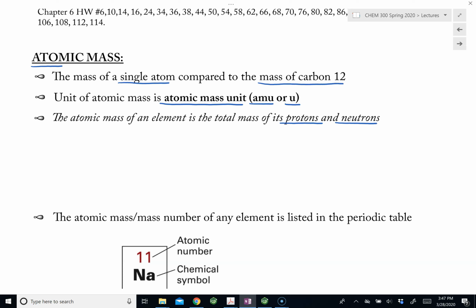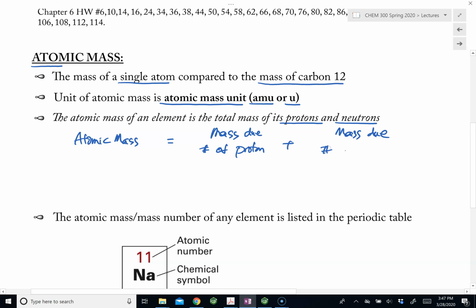So the mass of an atom, the atomic mass, is then equal to the mass due to the number of protons plus the mass due to the number of neutrons, added together.